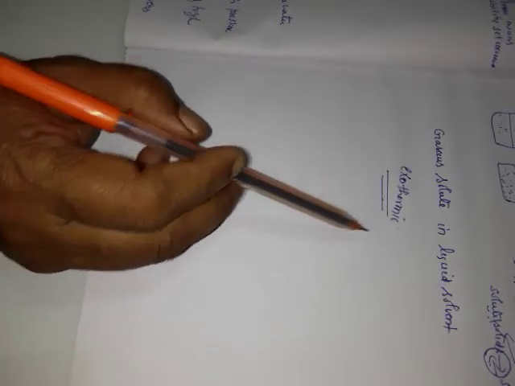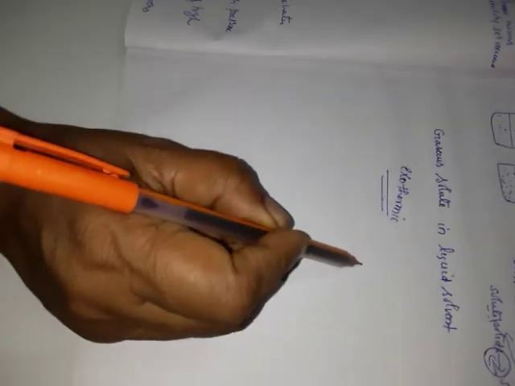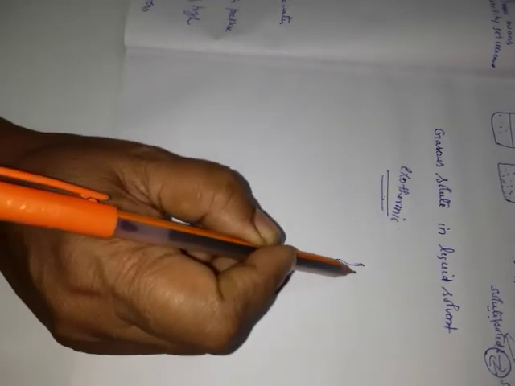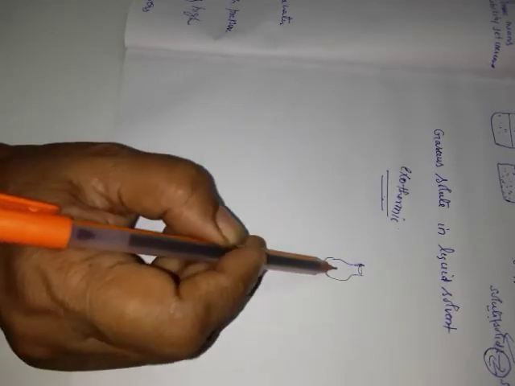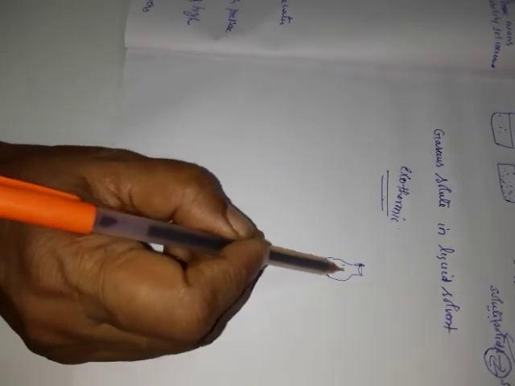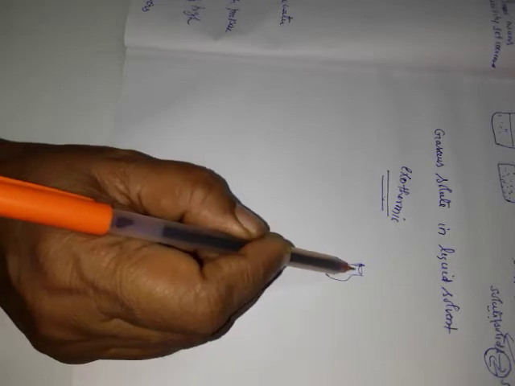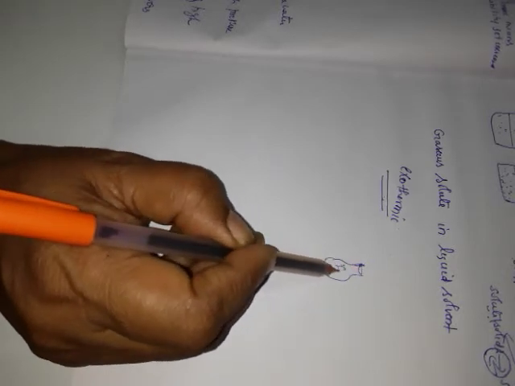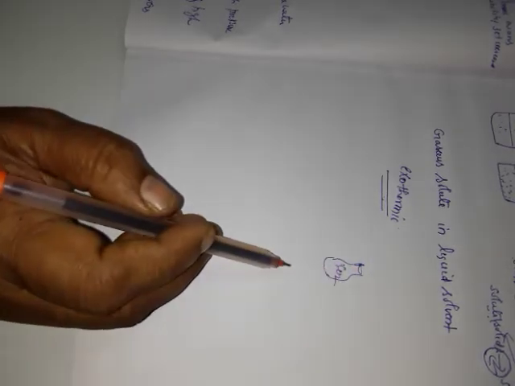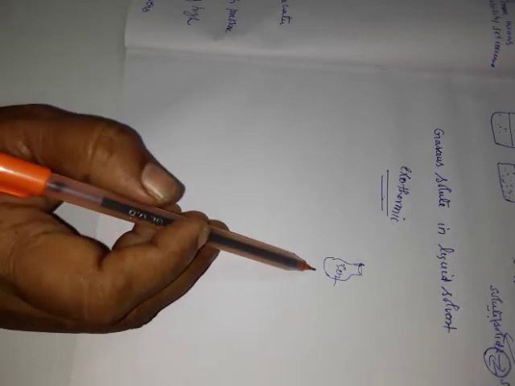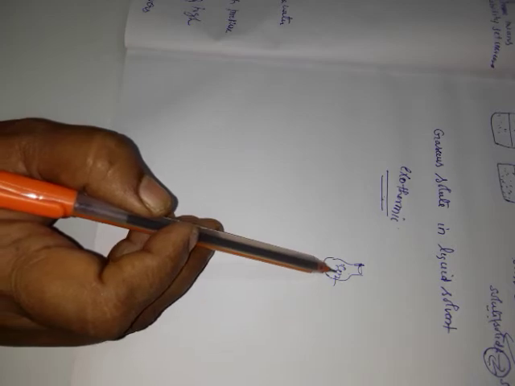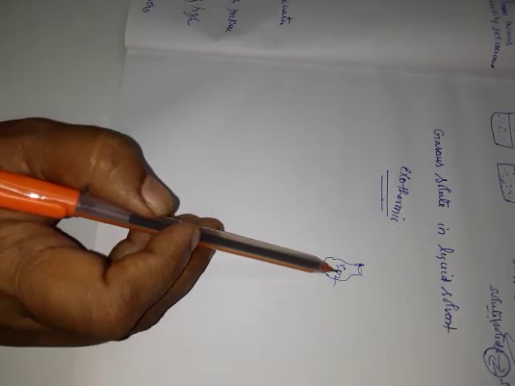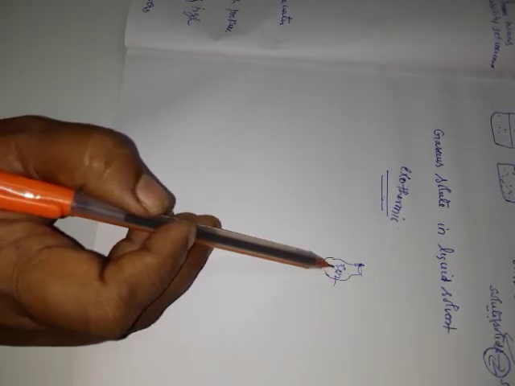So now, for example, take a soda bottle, that is, soft drinks. Here in the soda bottle, carbon dioxide gas is pressurized inside. Carbon dioxide gas is dissolved in the water in the bottle.